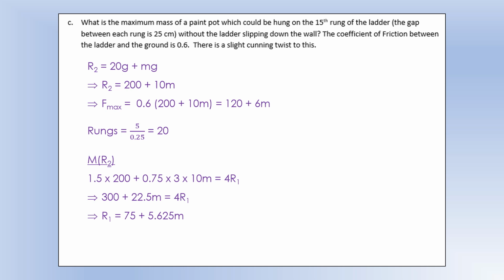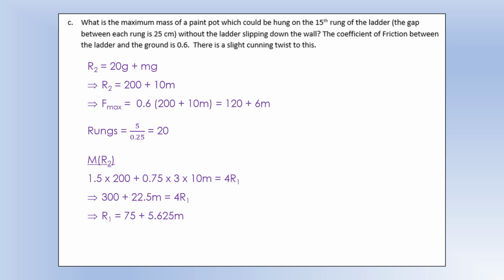We know that that's got to be equal to the moment of the normal contact force from the wall, which we multiply by a distance of 4, because that's the perpendicular distance from R1 to the pivot. And then from this, we can generate an expression for R1 in terms of M.